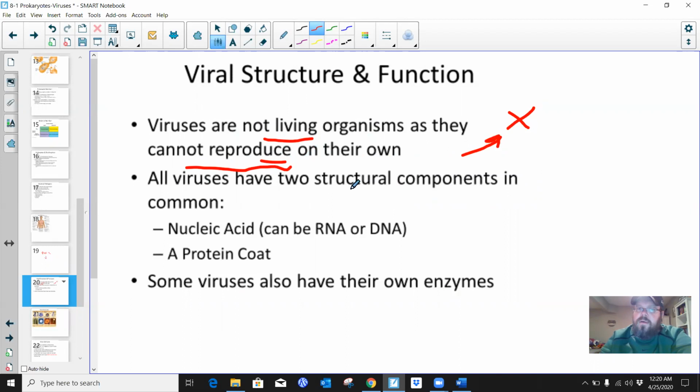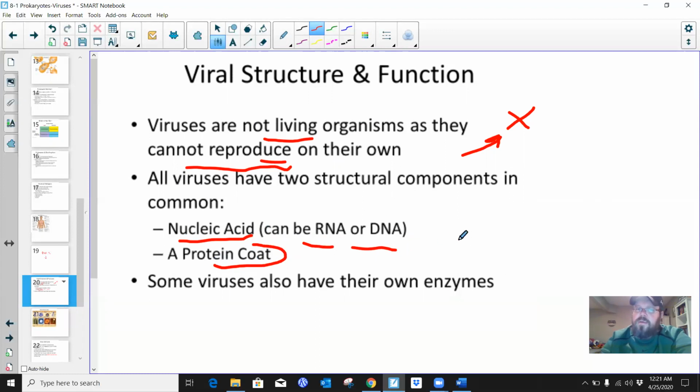All viruses really have 2 structural components in common. Basically, they are a protein coat that surrounds and houses nucleic acid, either RNA or DNA, or maybe a combination.